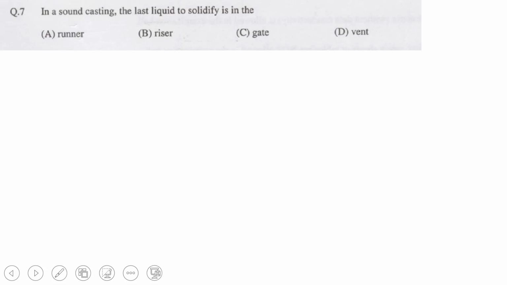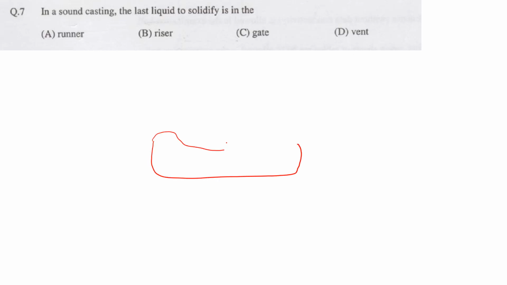In a sound casting, the last liquid to solidify is in the. Here it wants to say that in a sound casting, suppose you are doing some casting of something like this, and you have put one riser over here, and you are putting the liquid metal from here.